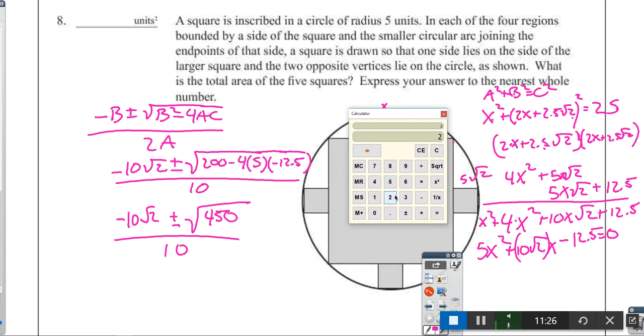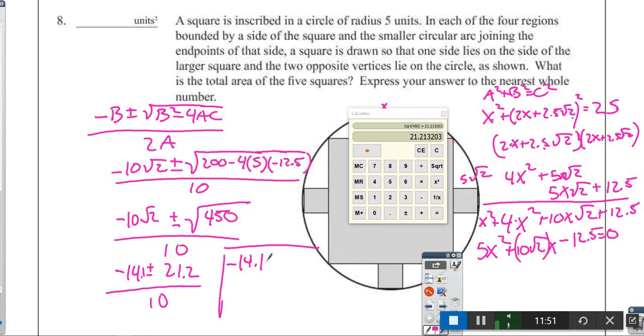All right, so then we don't care about simplest radical form, so I'm just going to go ahead and do this. So 10 root 2 is negative 14.1, plus or minus, and let's do the square root of 450. So plus or minus 21.2, all over 10. And now you split into two problems. So you have negative 14.1 plus 21.2 divided by 10.